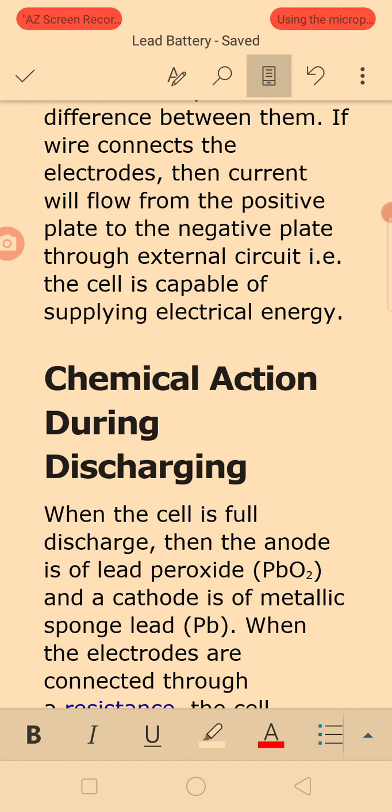Discharging reaction: when the cell is fully discharged, the anode is of lead peroxide and the cathode is metallic sponge lead.